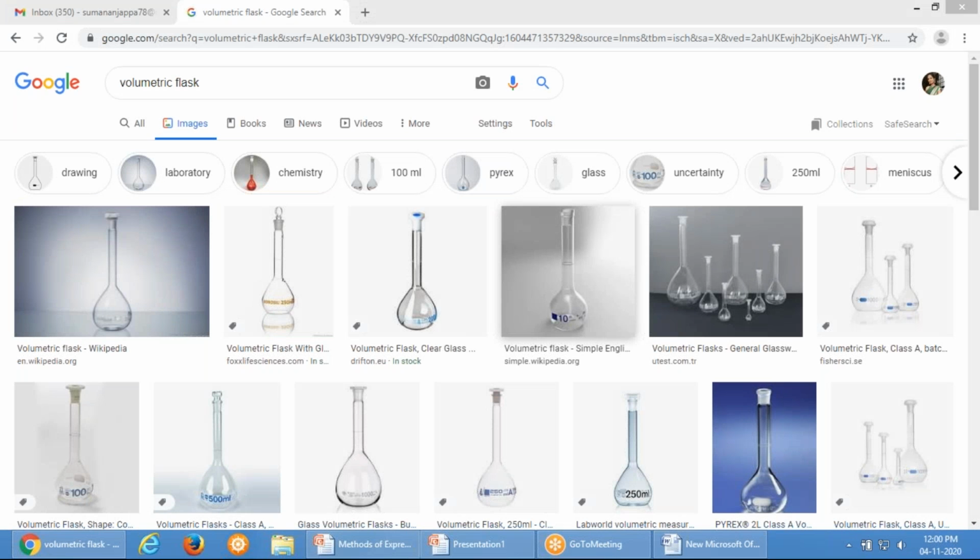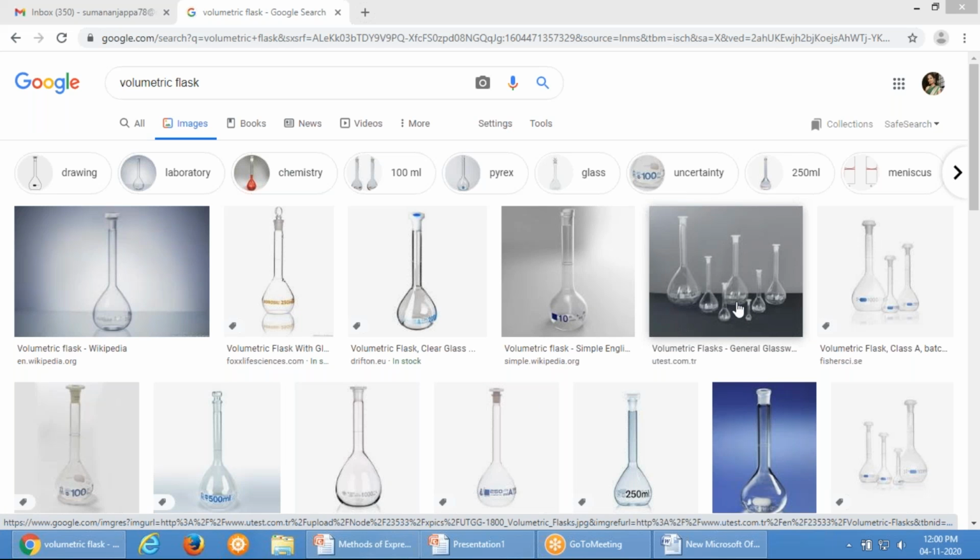Can you see here? This is a standard flask or volumetric flask. You can see there is a marking here. In all the volumetric flasks, there is a line marking.